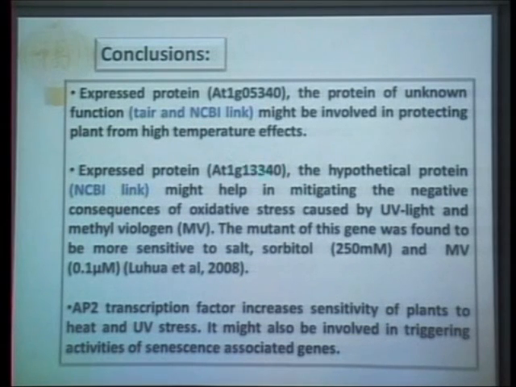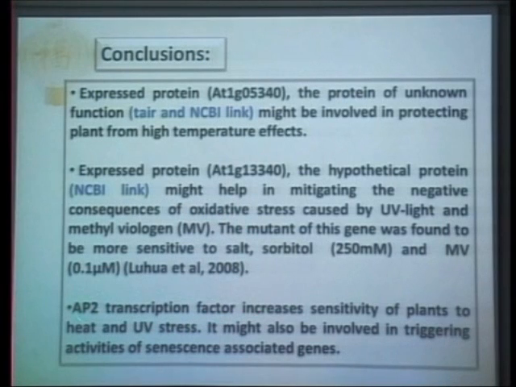Similarly, the expressed protein, which is the hypothetical protein, might be involved in mitigating the negative consequences of oxidative stress, which was created by UV light and methyl viologen. And this mutant was also found sensitive to the methyl viologen treatment of 0.1 micromolar by Luha et al. in 2008, which supports our result.